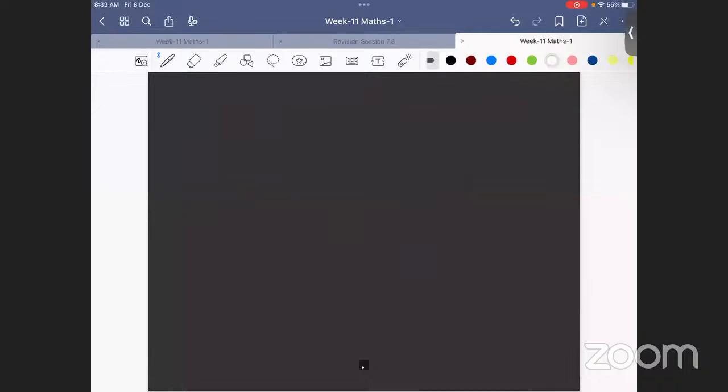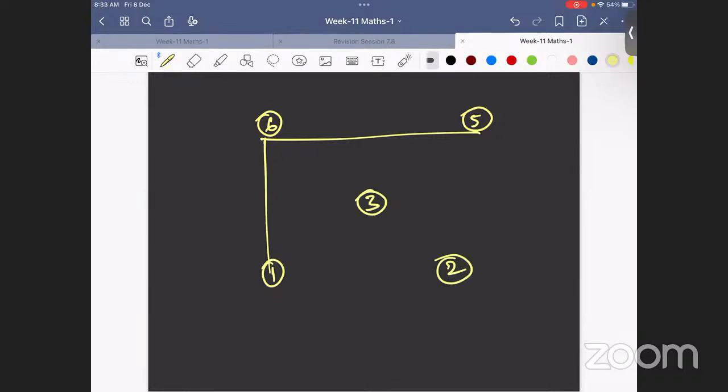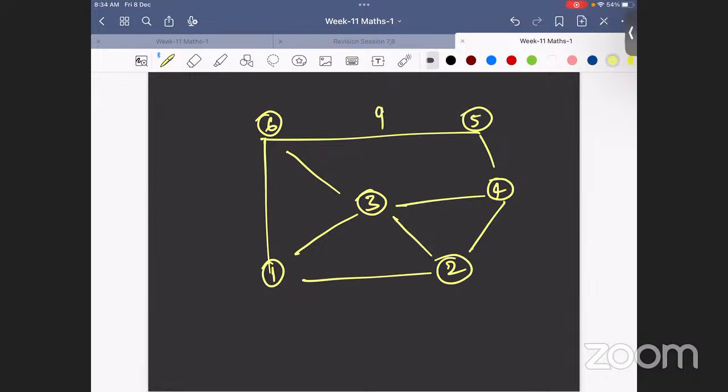Okay. So I'm giving you one example. Can you solve it? You can start from here.